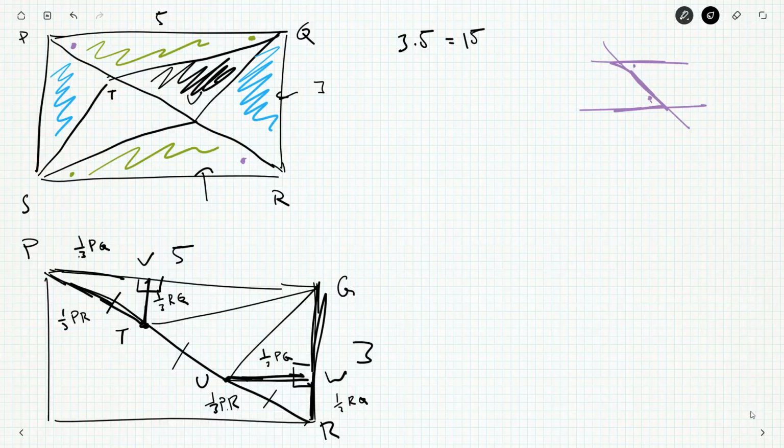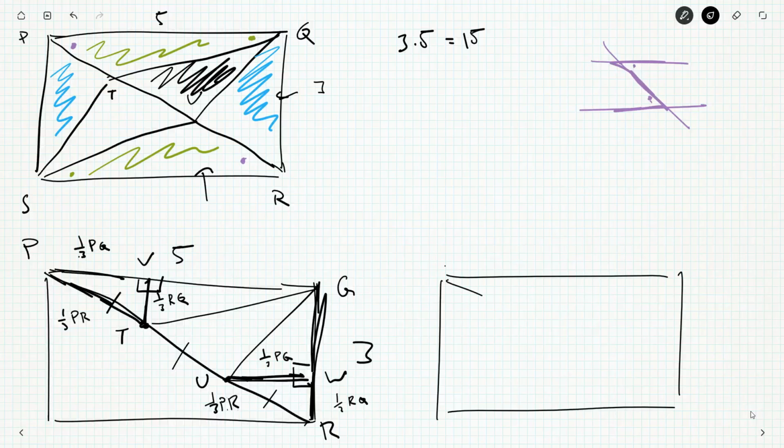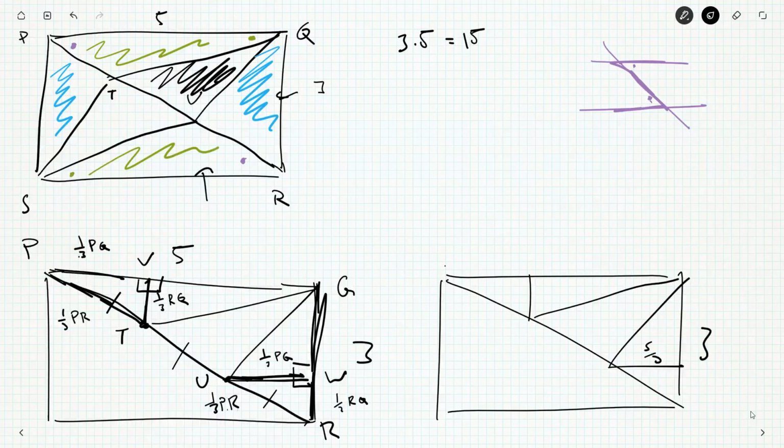So I can actually figure out the heights of these two triangles. It's 1/3 PQ, so 5/3, and then 3, and a base of 5 up here, and 3/3, or 1 here.